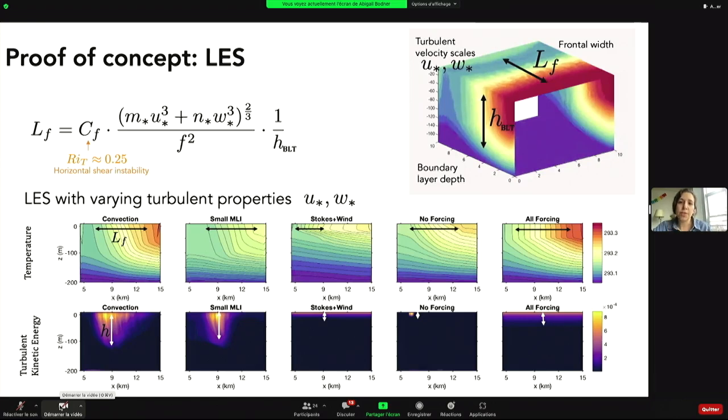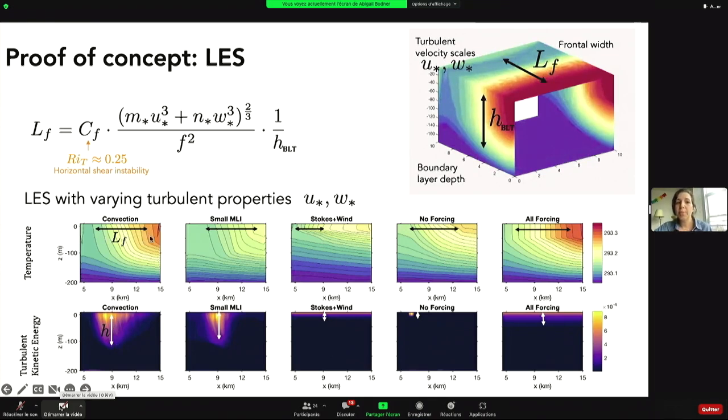And the idea was to see whether our suggested frontal width from theory agrees at all with the measured frontal width in these simulations. So in each one of these simulations, there are varying properties of winds, waves, convection, and other types of instabilities. So what this really means is varying U star and W star, which results in different boundary layer depth, and we measure the frontal width.